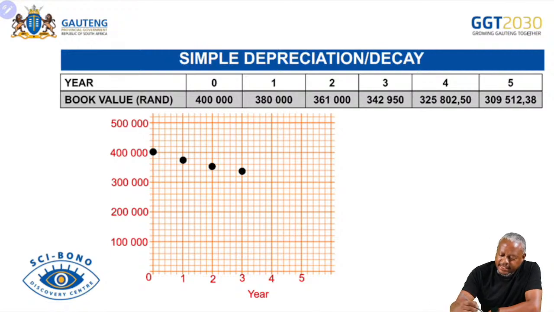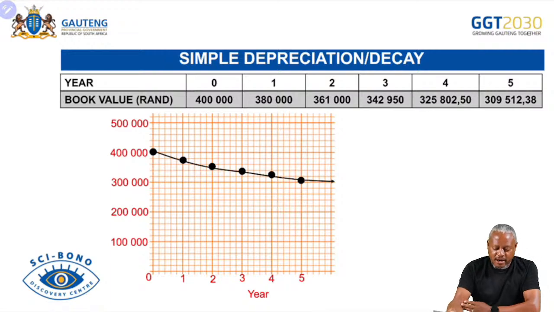The third year, 342. Do you see the difference between them? We'll go through that. The fourth year is 325. And the fifth year is 309,512 and 38. And then let us go on.